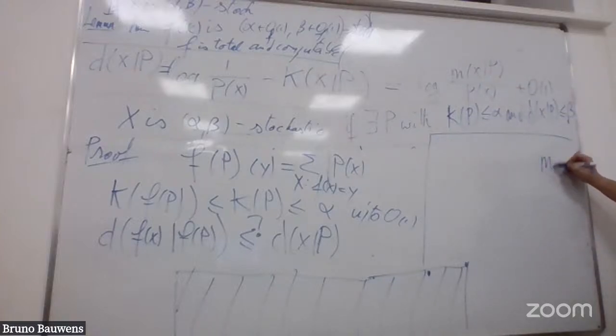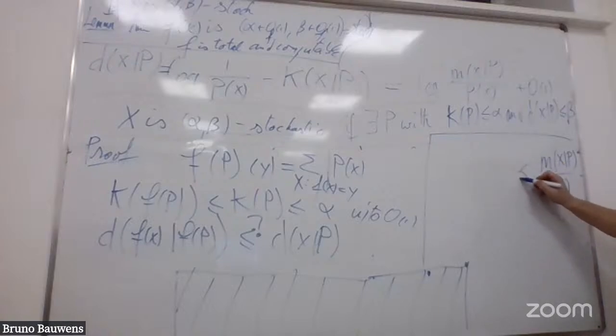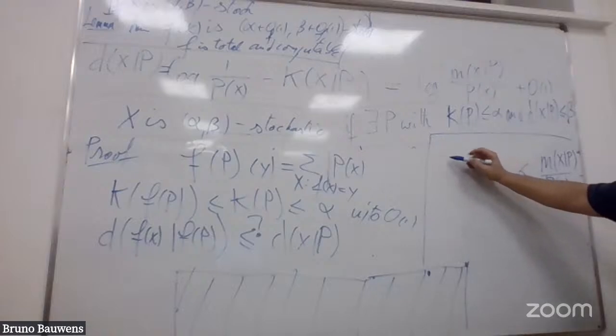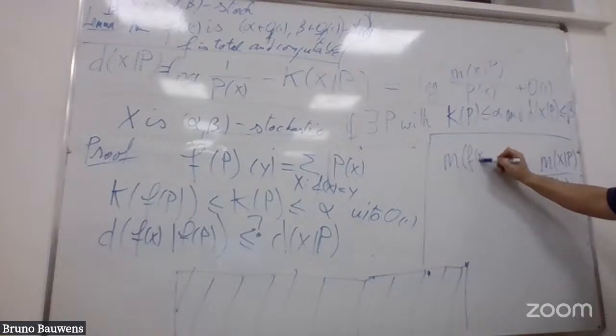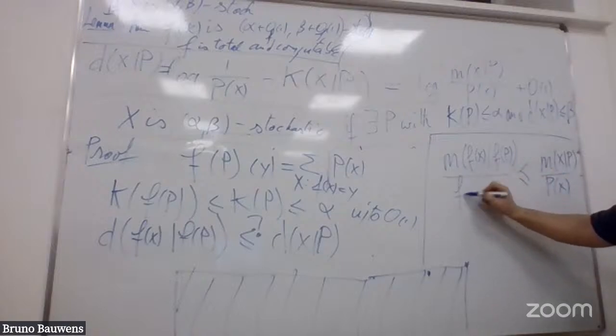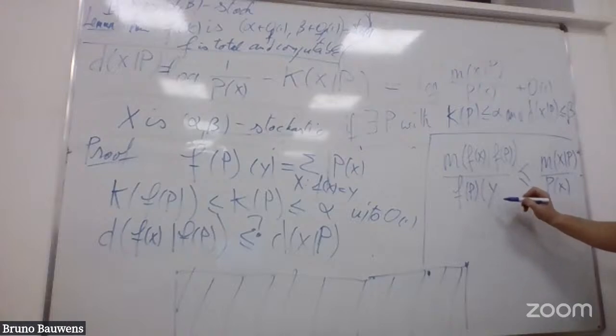We have m of x given p divided by p of x. And here we have m of f of x given f of p divided by f of p of y, of f of x.